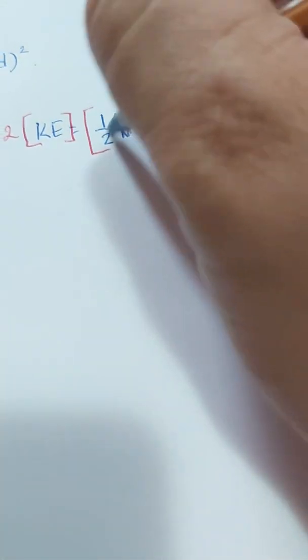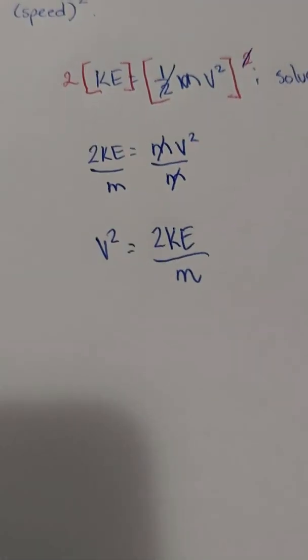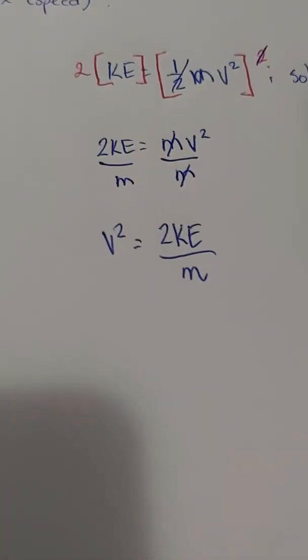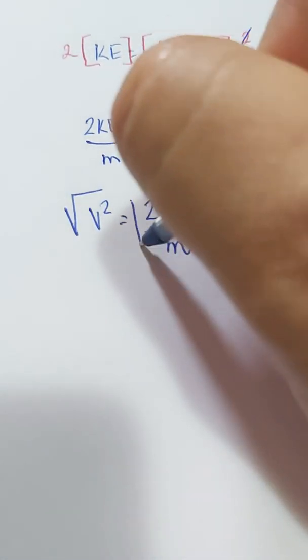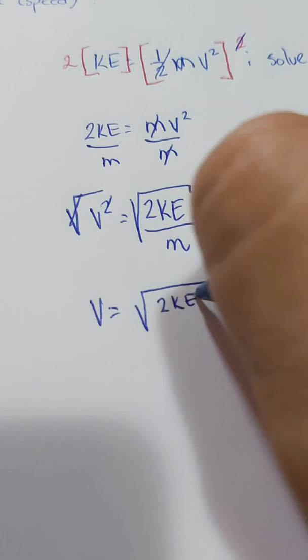Okay, so we get 2 times the kinetic energy equals mass times velocity squared. Now we divide by mass on both sides. So we get velocity squared equals 2 times the kinetic energy divided by mass. Now, square root on both sides. So we get velocity equals the square root of 2 times the kinetic energy divided by mass.